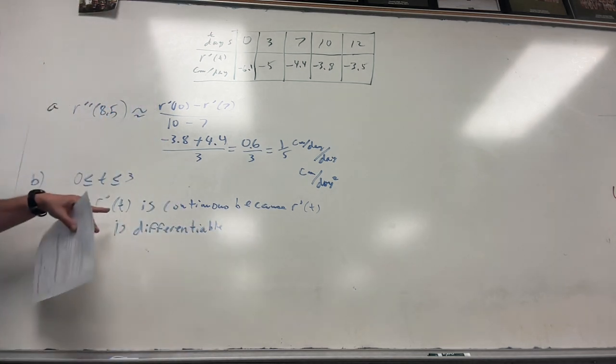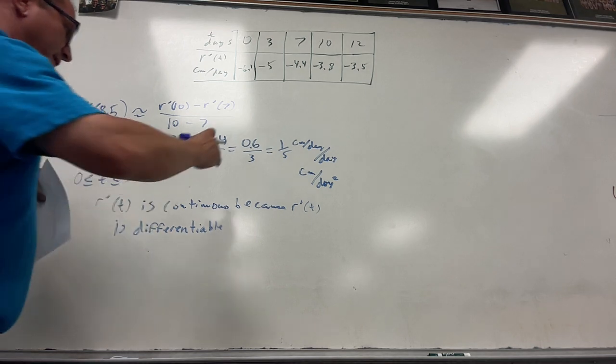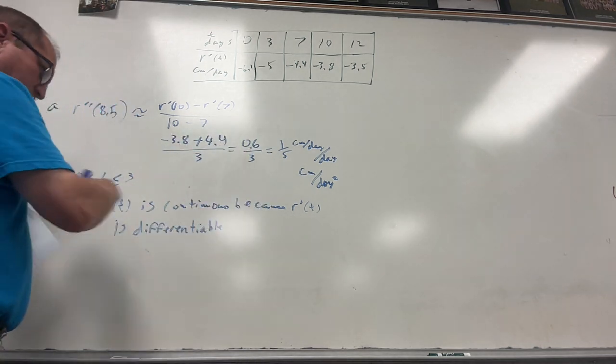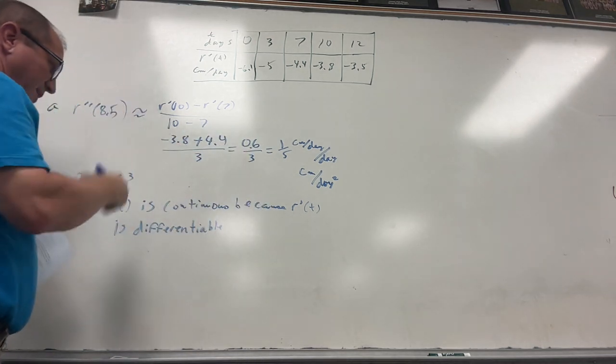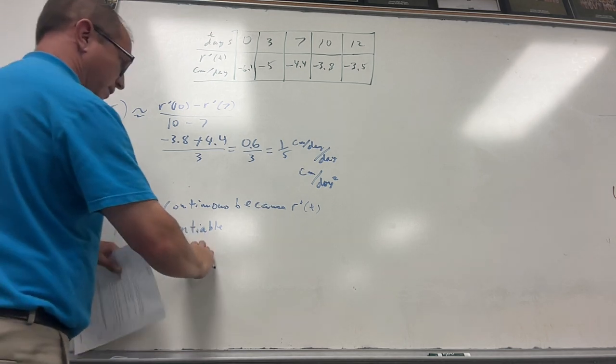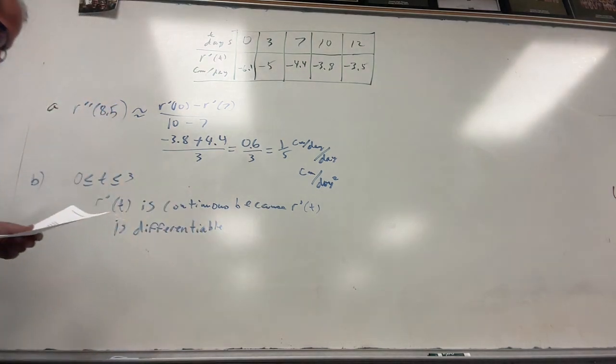And again, it's important for us to take note of that, because you can't just automatically say we know that r prime of t is continuous. You have to state that the differentiability requires that function to be continuous.